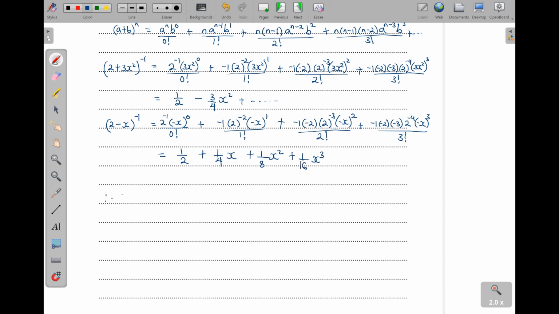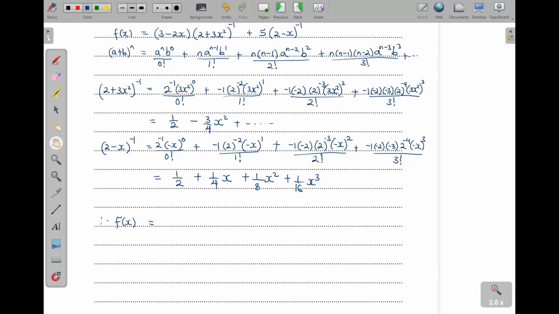So this therefore implies that our f of x is going to be, we have it up here as 3 minus 2x. Then this expansion here is what we got here. So I'm going to put this one here like this, a half, then minus 3 over 4.